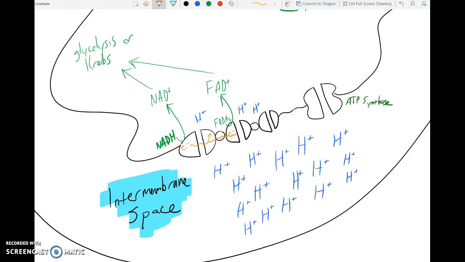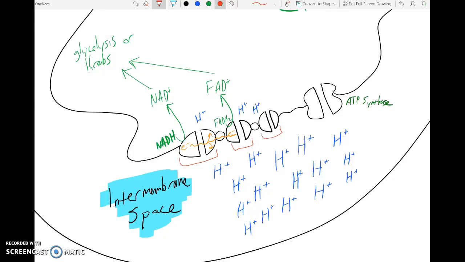Now, as they give off this energy, that energy is going to be used for active transport. All of these guys here, this big protein, this big protein, this big protein, these are protein channels. Now, they're not these passive protein channels like we talked about with facilitated diffusion. These guys are going to work in active transport.